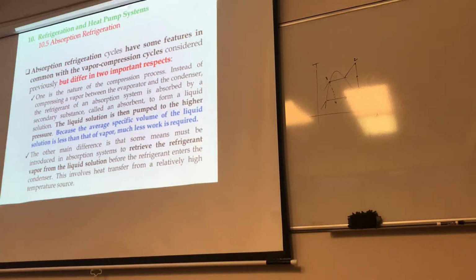So some means must be introduced to retrieve, to separate, if you will, the refrigerant that was initially mixed with the absorbent. So you retrieve the refrigerant from the liquid solution before it enters the condenser, and obviously this involves heat transfer from a relatively high temperature source.